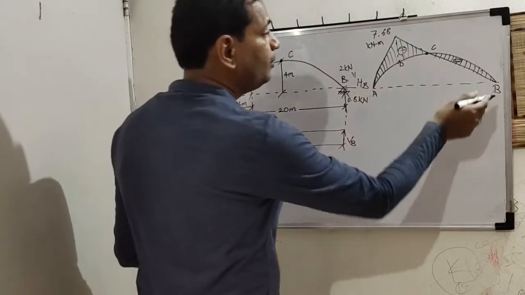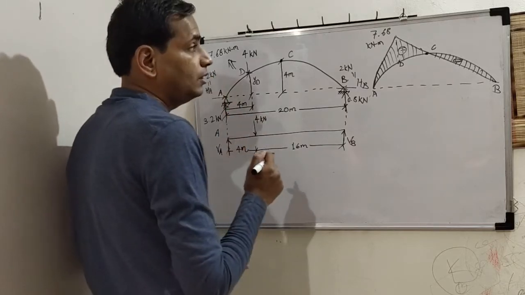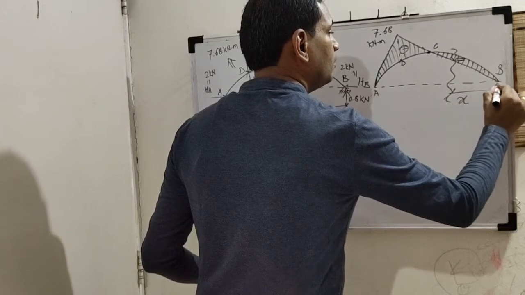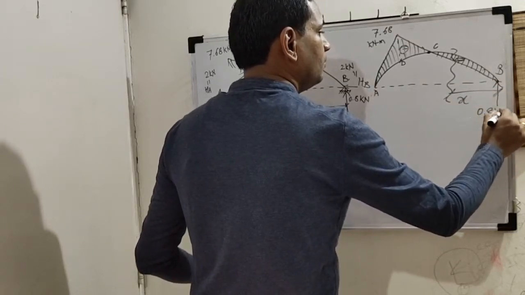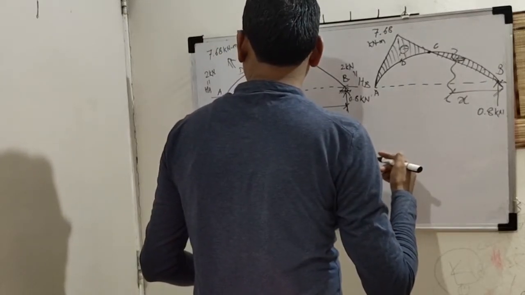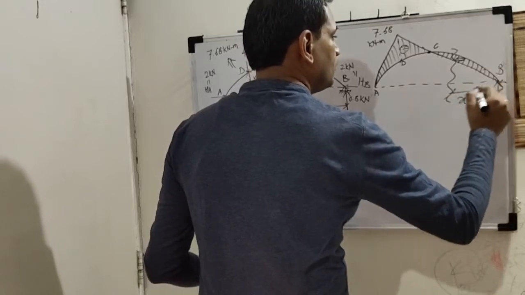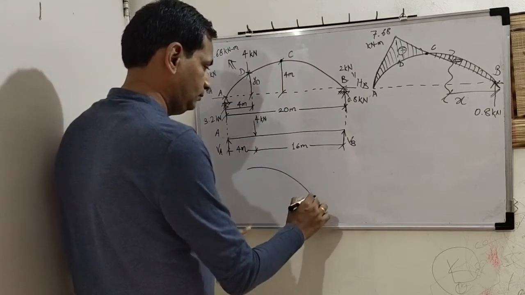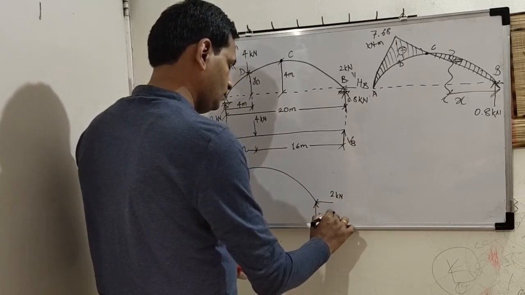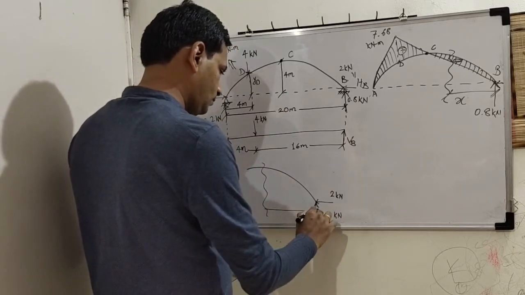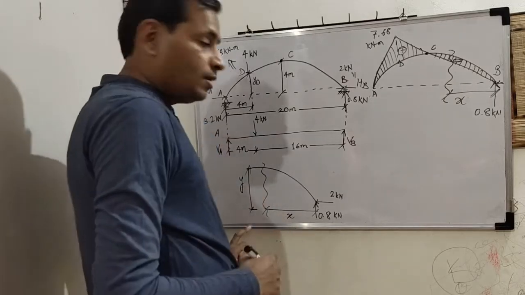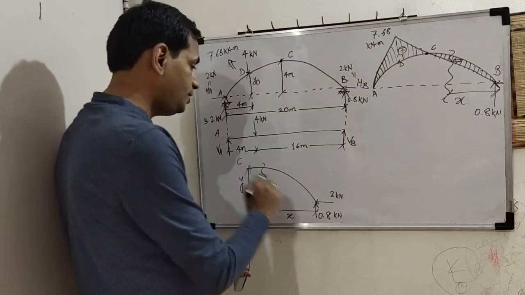So we will draw a free body diagram for C to B, or here itself we can show a section at a distance x from support B. So this is the free body diagram for the CB arch.